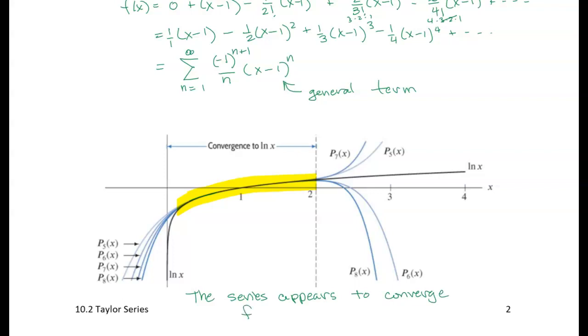So for x values between, and now they have it marked between 0 and 2, right? So between 0 and 2, this Taylor series looks like it's converging. It's approximating the function better and better. Outside of that, though, it doesn't seem to be doing that well.